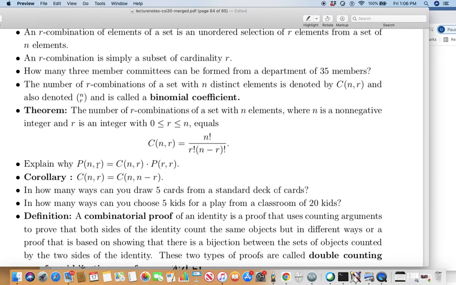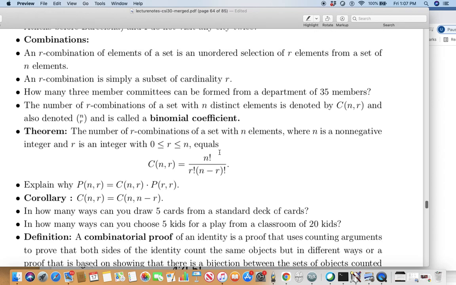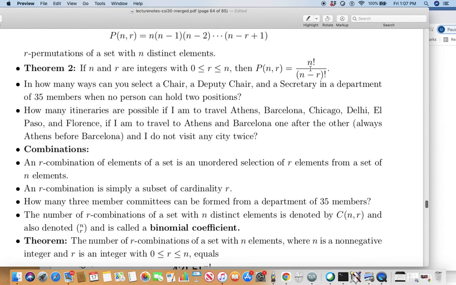So notice P(n, r) is C(n, r) times P(r, r). Look, P(r, r) is r factorial. So if I multiply by r factorial, then all I'm left with is n factorial over (n minus r) factorial, which is P(n, r).